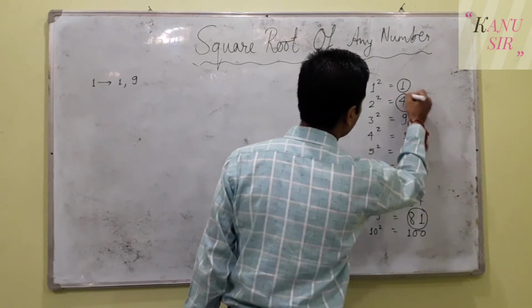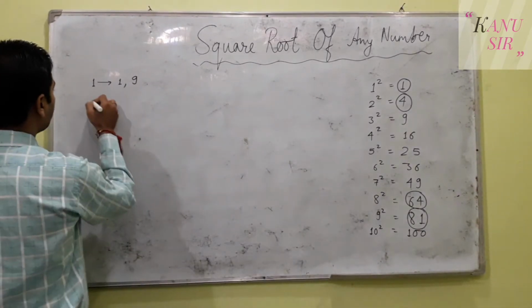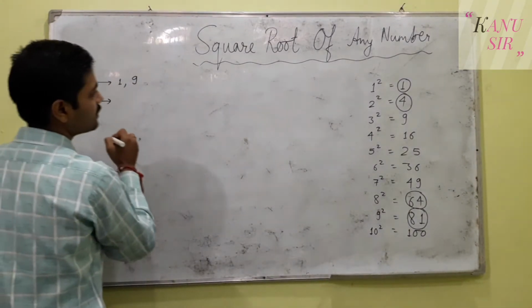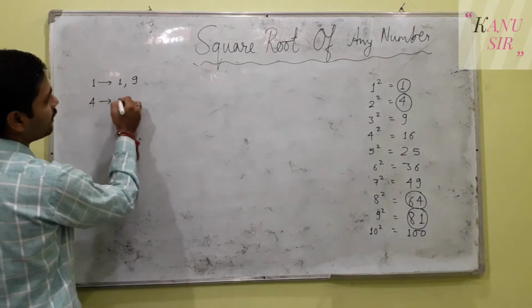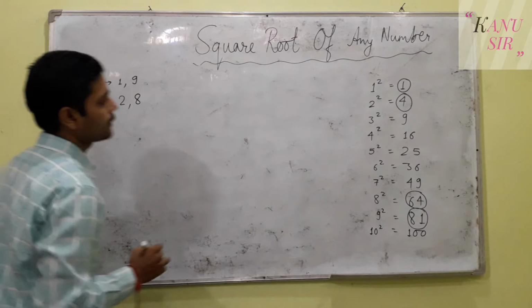Similarly, here is 4 and here is 4 in 64. It means if we get 4, then the 4 might have come from the square of 2 or from the square of 8.